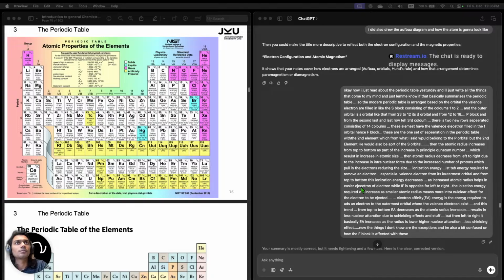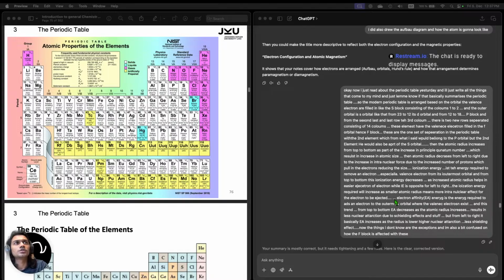From top to bottom, ionization energy decreases as the increased atomic radius helps in easier ejection of the electron, while it is the opposite from left to right. The ionization energy required will increase as a smaller atomic radius means more nuclear pull on the electron to be ejected.